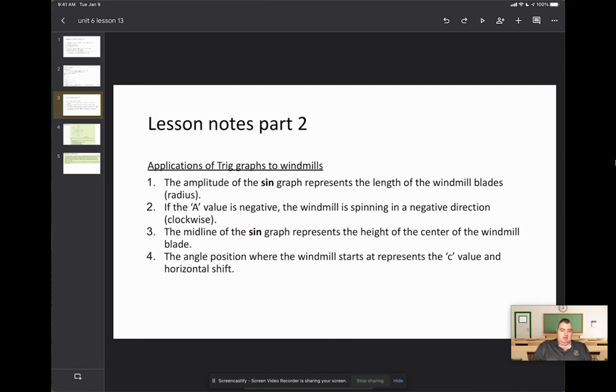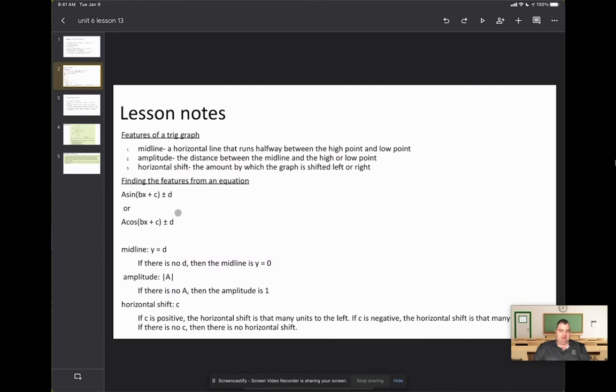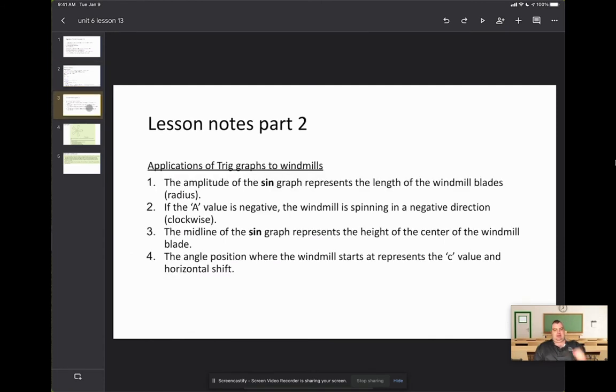The midline of the sine graph represents the height of the center of the windmill blade. So you have a windmill, you have different blades, whatever the height of that center is, that's going to represent the midline of the sine graph. And remember, the midline is going to be that D value right here.